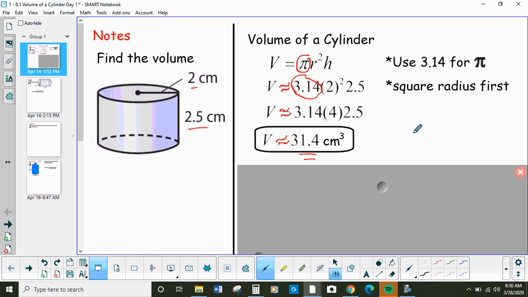And that's because some of you have a pi button on your calculator. And if you hit that pi button, as opposed to typing in 3.14 or estimating pi, then you would be exactly the right answer. You would put an equal sign. Okay? So let's move on now.